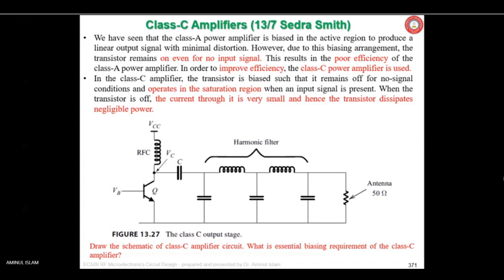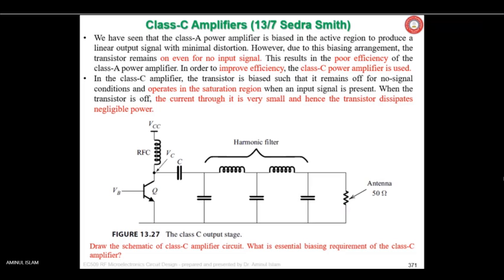We have seen that the class A power amplifier is biased in the active region to produce a linear output signal with minimal distortion. However, due to this biasing arrangement, the transistor remains on even for no input signal, meaning when VB is 0, or you can say when the source voltage Vs is 0.